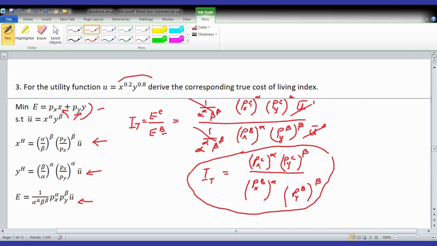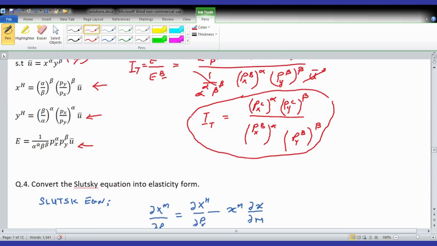And whenever current prices and base year prices are given to you, you can find out the true cost of living index. If you recall, xm is equal to alpha m over px for this utility function, and ym is equal to beta m over py.